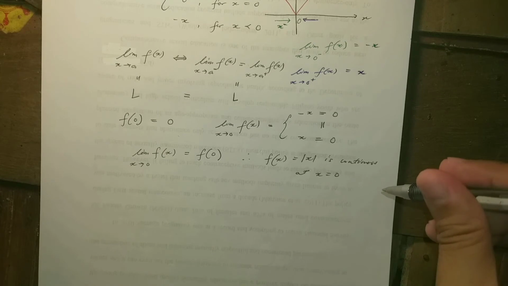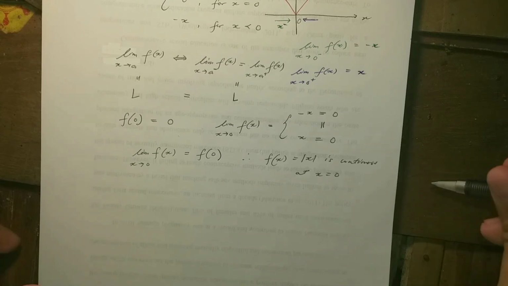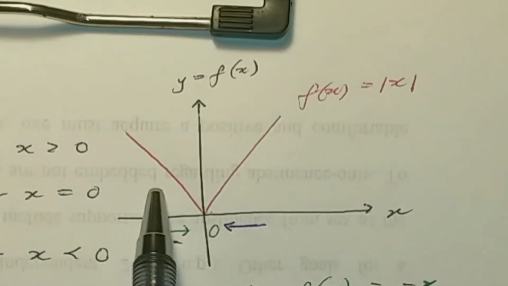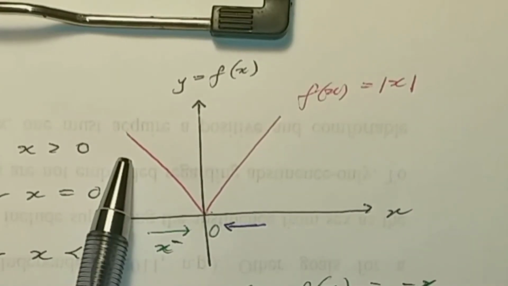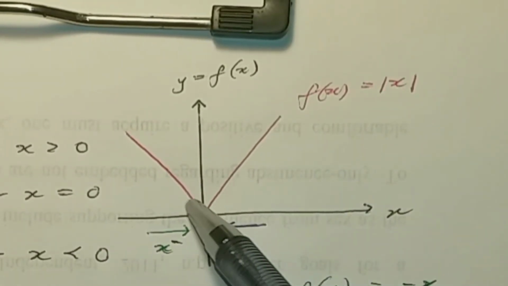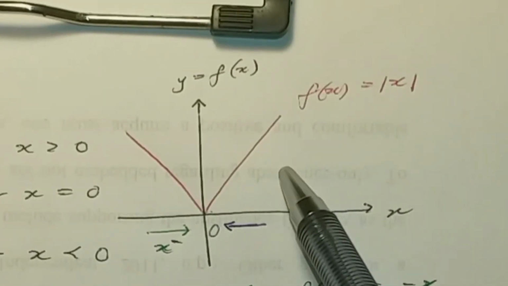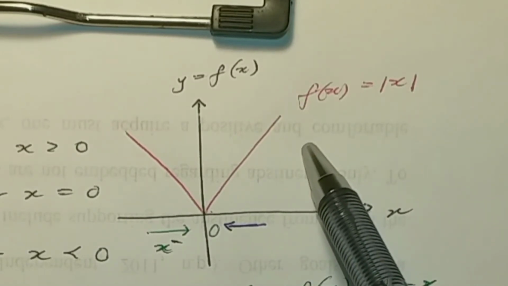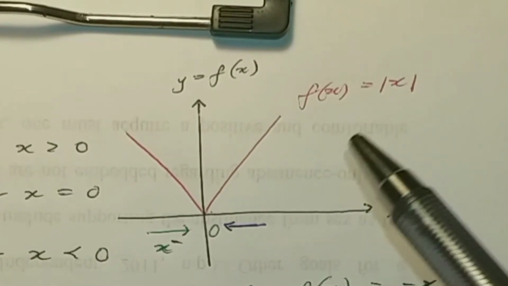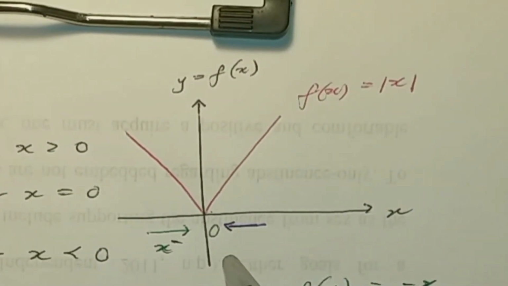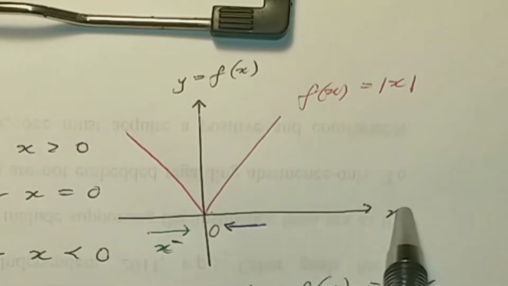For continuity on a certain domain, as we can see in the graph, there are no gaps or holes in the graph of f. So we can conclude that f is continuous on every value of x within this domain.